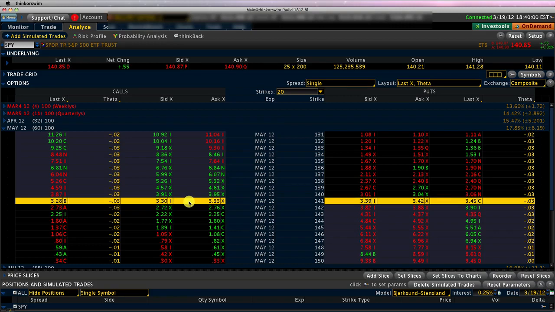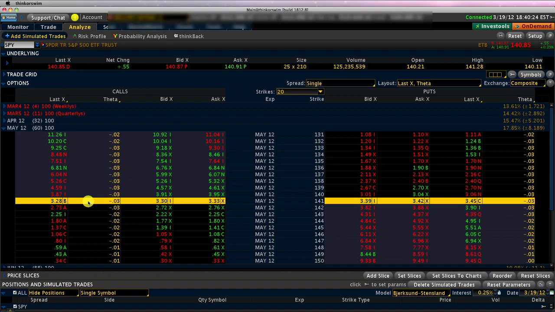Okay, so theta is the amount of time decay that an option will undergo on a daily basis. So here we can see theta listed as one of our columns, and in both the cases of the calls as well as the puts, the concept of theta is the same.